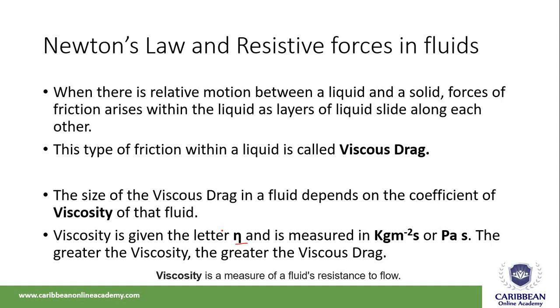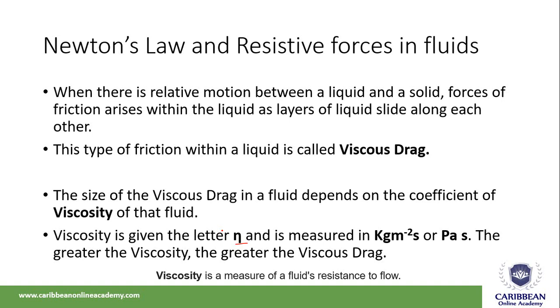And you can read the first point here. It says that when there is a relative motion between a fluid and a solid, forces of friction arise within the layers of fluid sliding across each other, right?